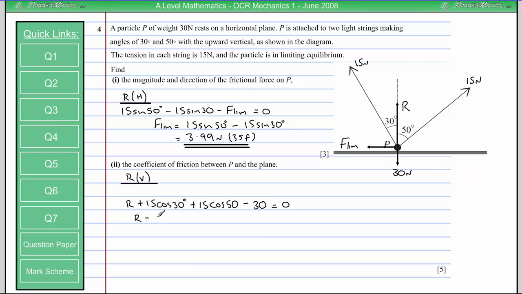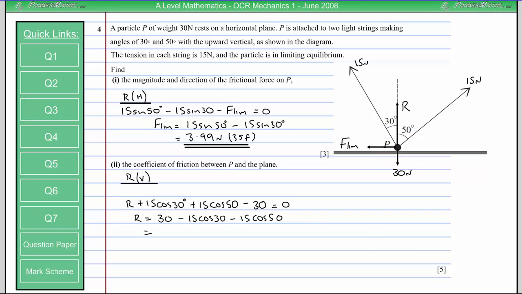So to isolate R, we're going to have to add 30 to the other side and subtract these two forces. So we get 30 minus 15 cos 30 minus 15 cos 50.